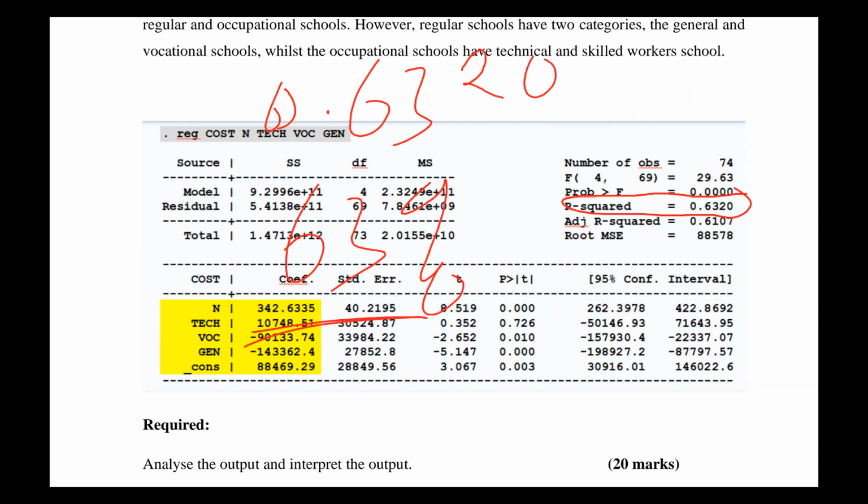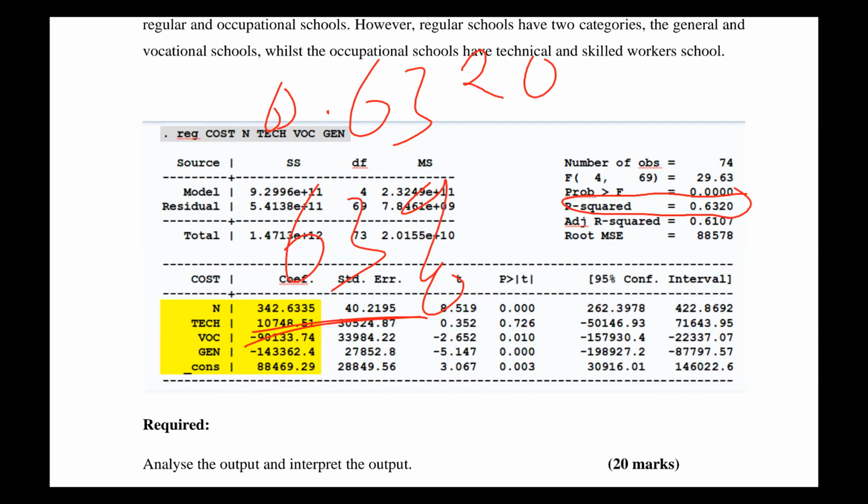This simply means that 63% of the variation or of the variance in cost is explained by what? By the X variables, which are the enrollments in skilled workers schools, technical schools, vocational and general schools.